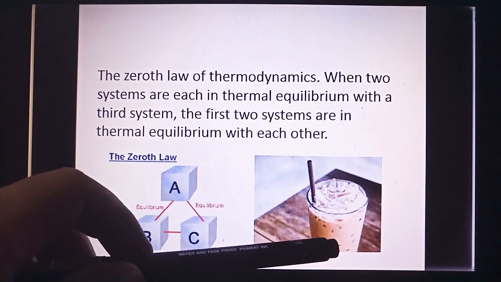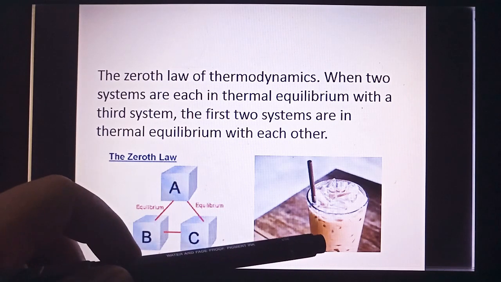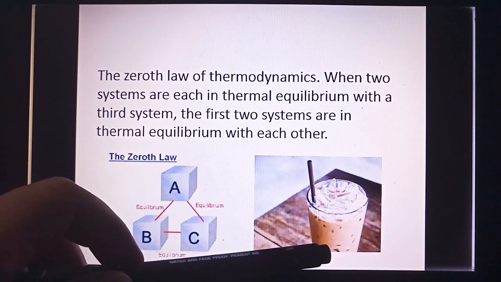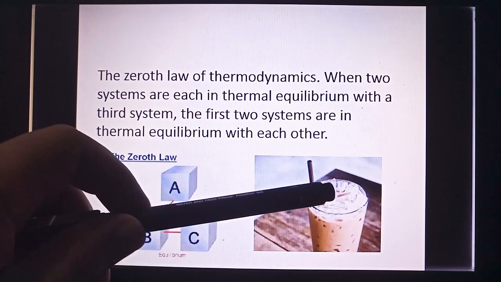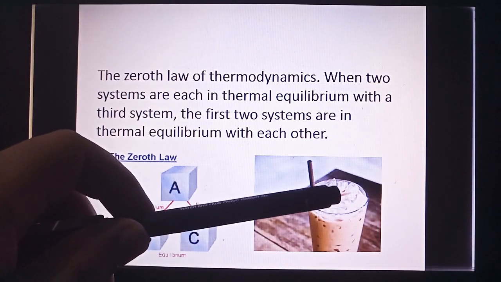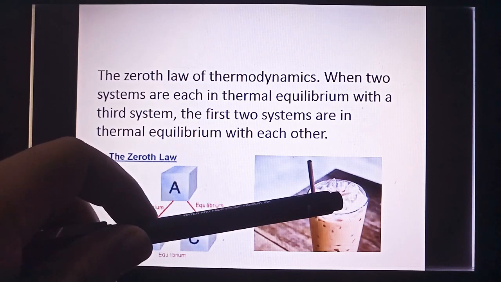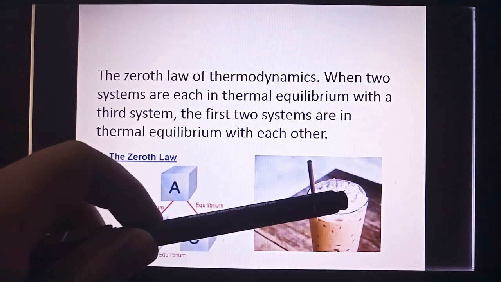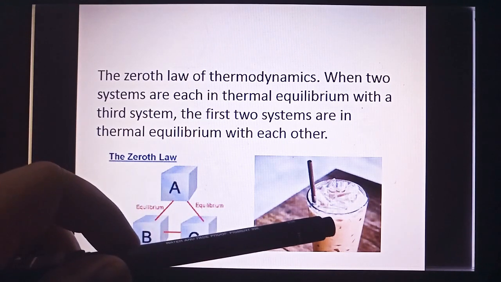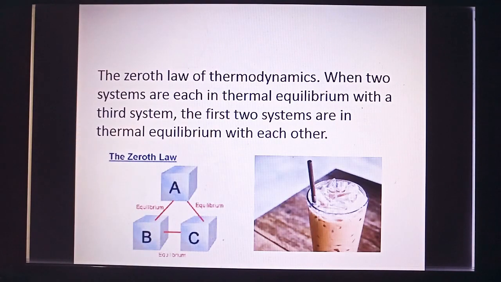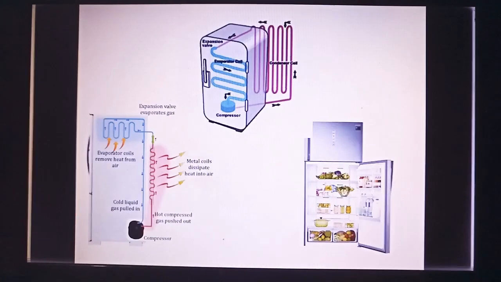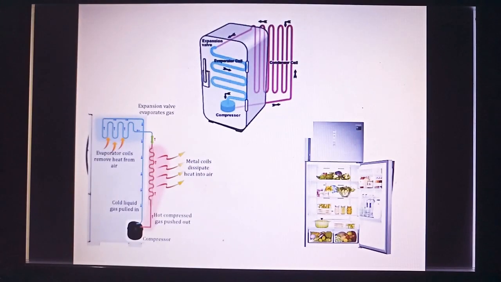The water, this liquid, from higher temperature becomes lower, and then this ice from lower temperature will slightly increase its temperature, so they are in equilibrium later on. Equilibrium is equal.